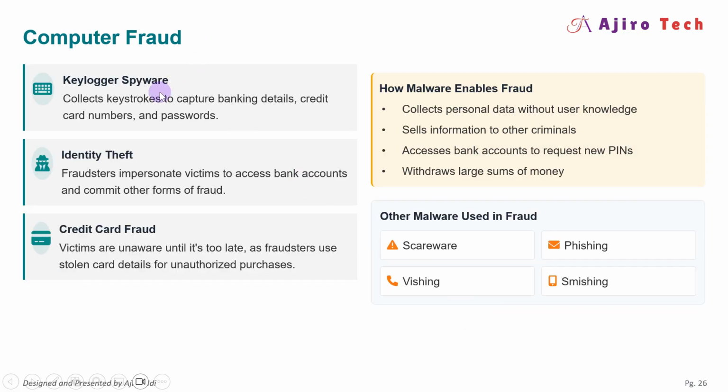We have computer fraud. What's computer fraud? It involves using a computer to take or alter electronic data or to gain unlawful, take note of the word, unlawful use of a computer system to illegally benefit financially.